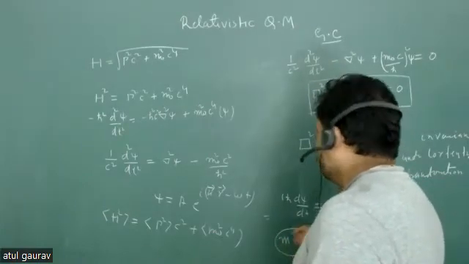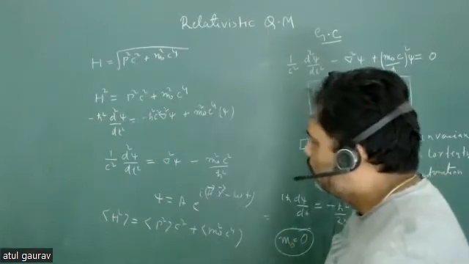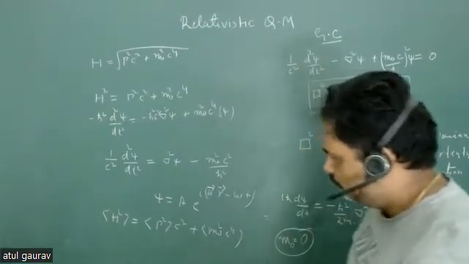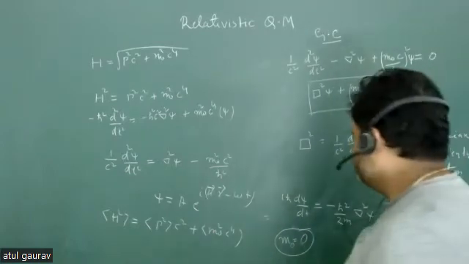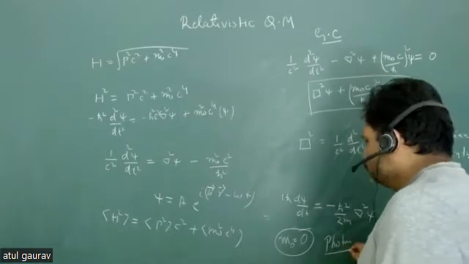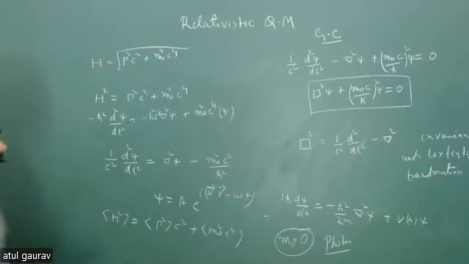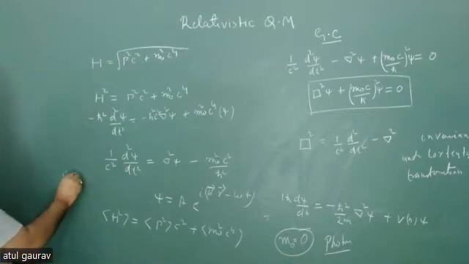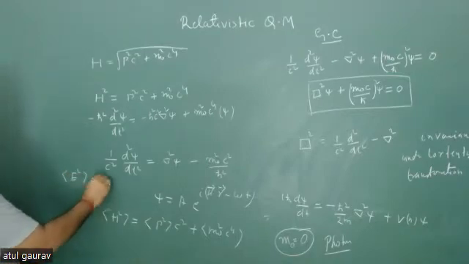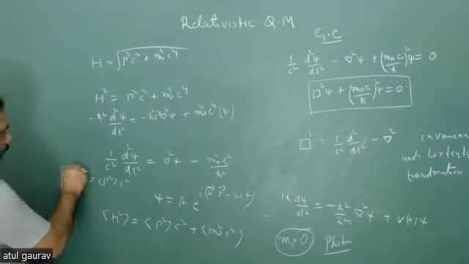If the mass of a particle is 0, or rest mass is going to 0, what is the meaning of that? That is photon. That means we are talking about photon, isn't it? Yes, sir. We can find the average value of energy. If you are taking the expectation value of E square, that is nothing but p square into c square.